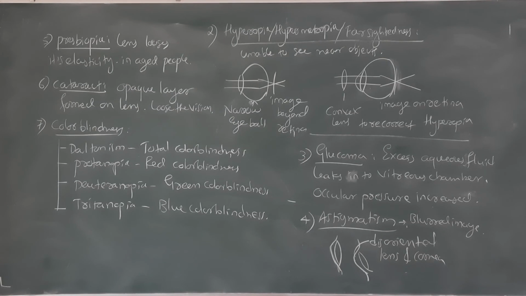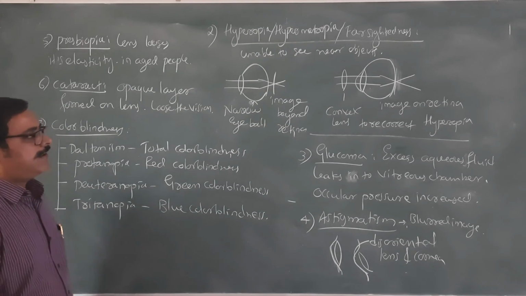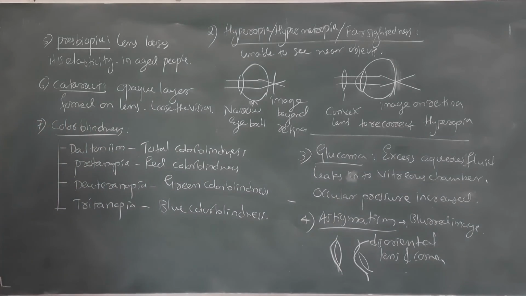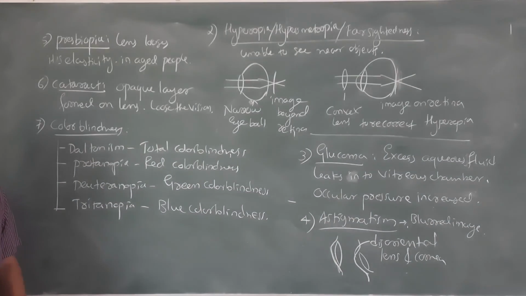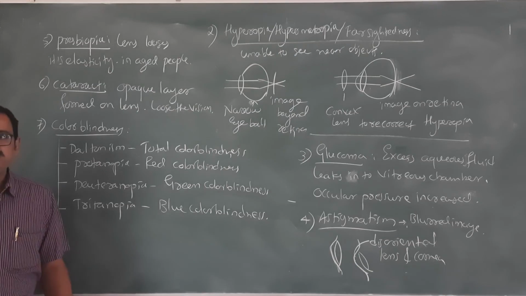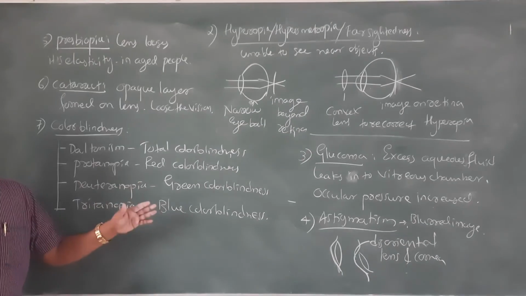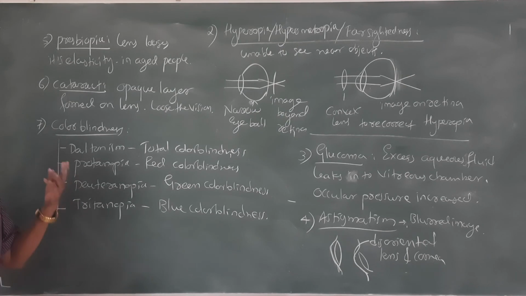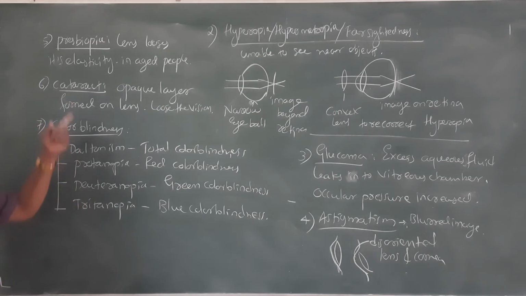I hope you got clarity about the different kinds of disorders. Glaucoma is a condition where excess aqueous fluid leaks and enters the vitreous chamber, increasing the ocular pressure. Astigmatism is where the cornea and lens are disoriented, so the person will not have a clear image. Presbyopia is where the lens loses its elasticity and cannot contract or relax, so the person needs spectacles, mainly the aged.